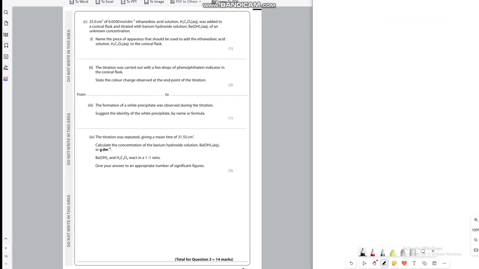25 centimeter cube of 0.05 ethanedioic acid was added to a conical flask. Okay, so I draw the conical flask.